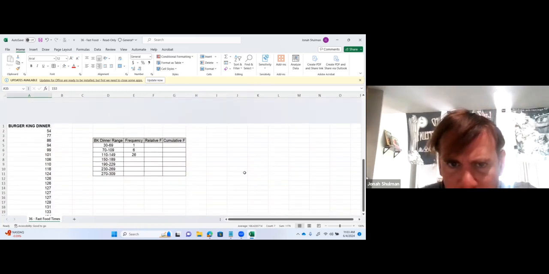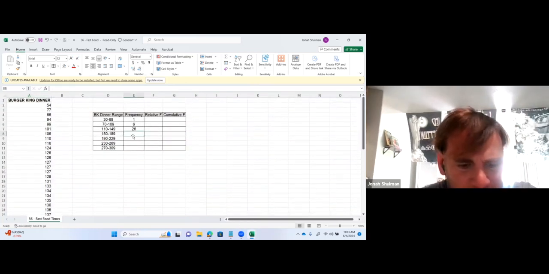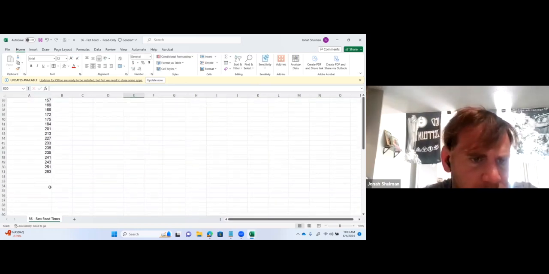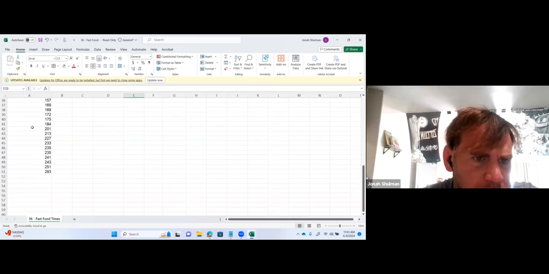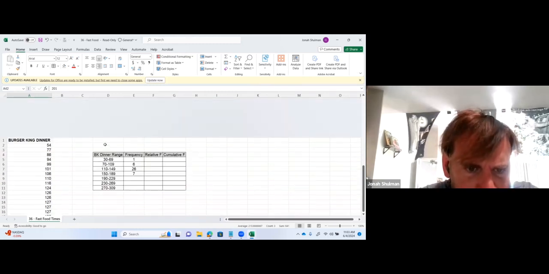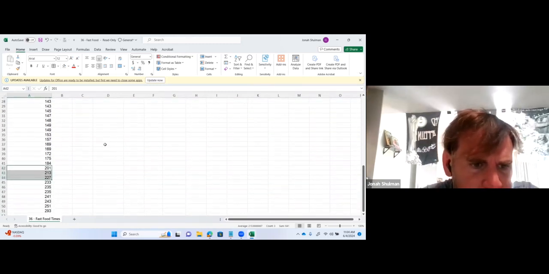This is 7. It's not really symmetrical, but we can look at it more. The next one is 190 to 229. Oh, sorry, to 229, right? 190 to 229 is just 3.